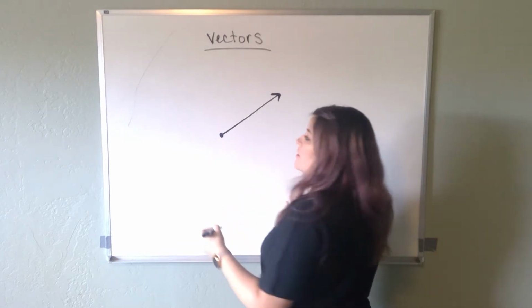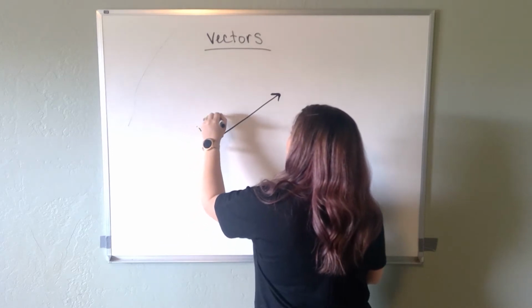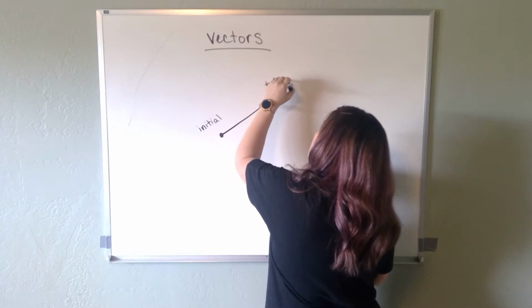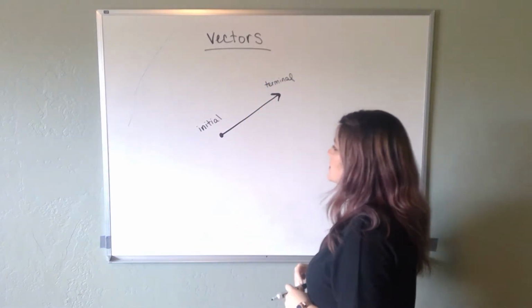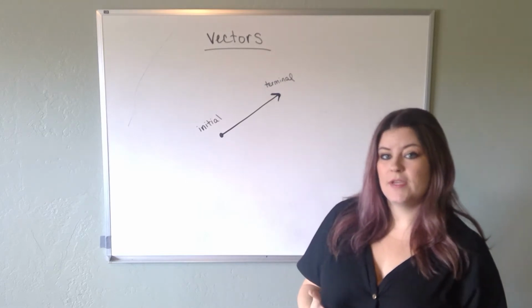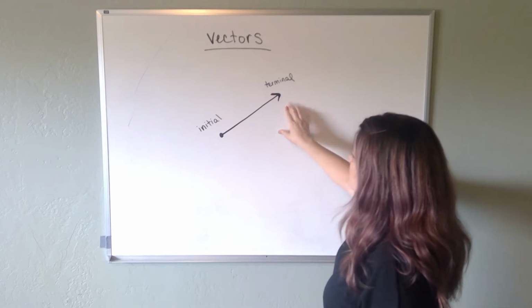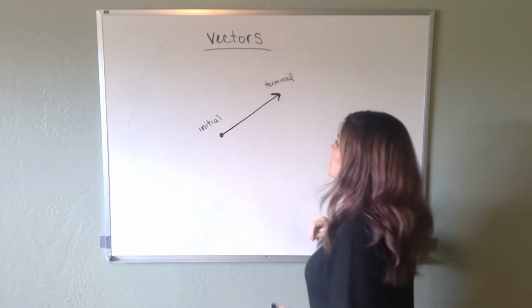Vectors have what we call an initial point and a terminal point. And we use these 2 points to determine some things about the vector. So with an initial point and a terminal point, notice we could talk about the distance between those 2 points.